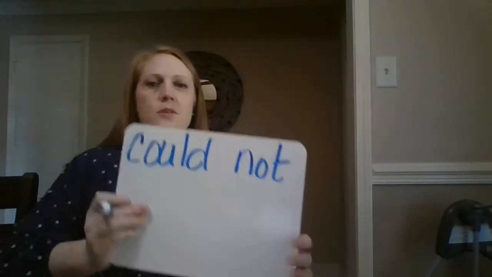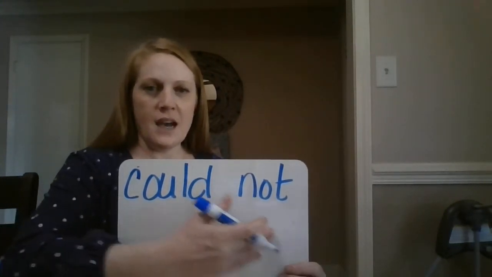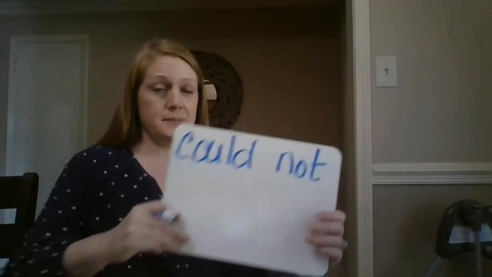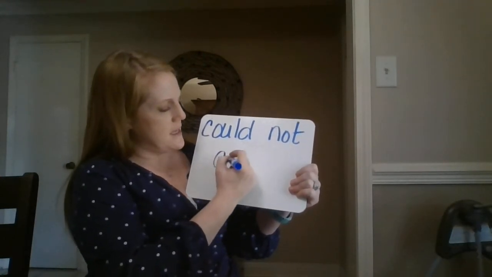Let's do one more like this. All right, tell me these two words. Could not. Will you help me spell the contraction for could not? So we're going to use could.